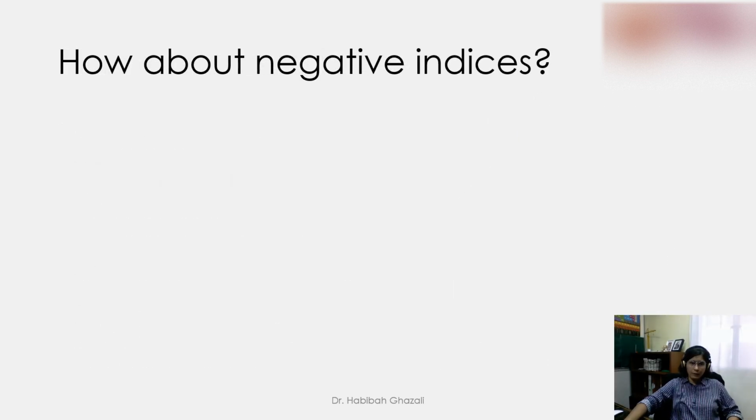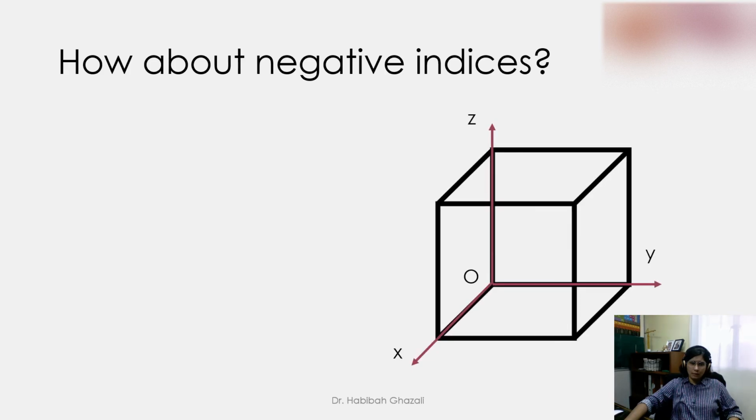Right, so how about negative indices? Let's say I have this unit cell here and I'm interested in that crystal plane, and I want to index it. If you find it hard to start indexing, to get the intercepts, move your origin, move your XYZ coordinate system.